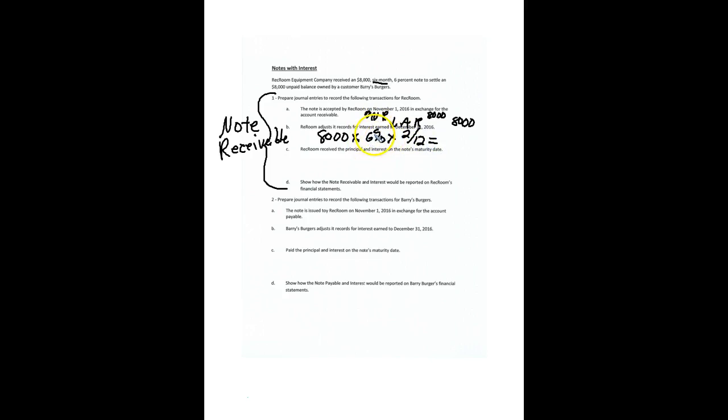It doesn't matter that it's a 6-month note. The calculation for interest is based on annual, because the 6% is not a 6-month interest rate. It's an annual interest rate.